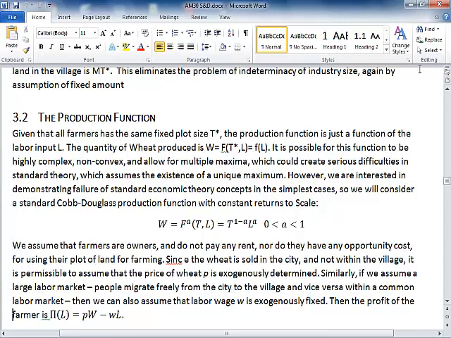But if you do what I did, which is to take a fixed proportion production function, then basically the total supply of wheat that is available from the village gets fixed at a particular amount. And if the production is profitable, then everybody will produce. And when the production is not profitable, then nobody will produce.